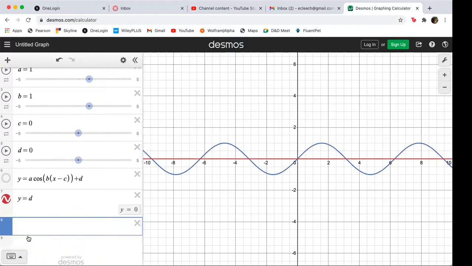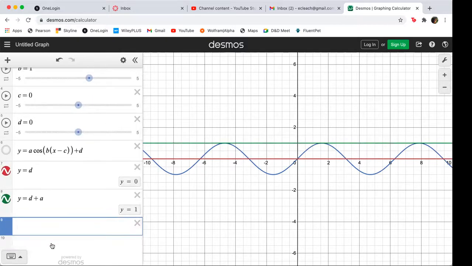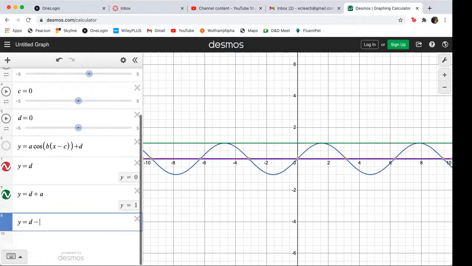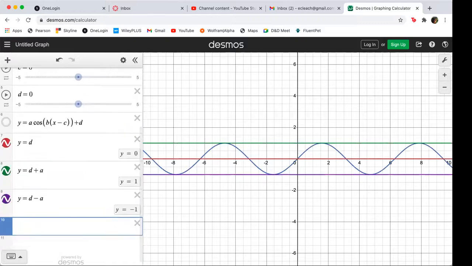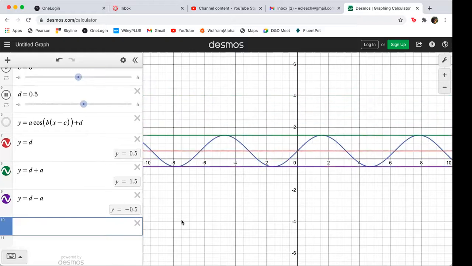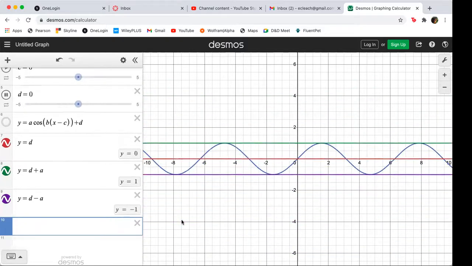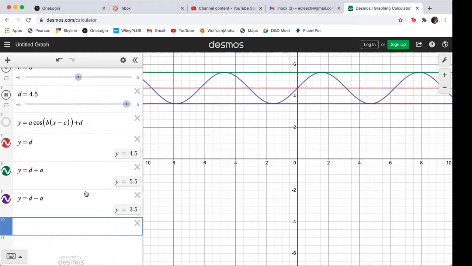If I add the top, y is equal to d plus a, and the bottom, y is equal to d minus a, then when I put d in motion, that just moves the whole thing up and down. It maintains the amplitude, it maintains the period. It just takes this whole picture and moves it up and down.